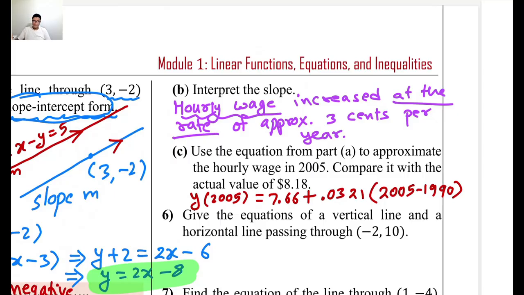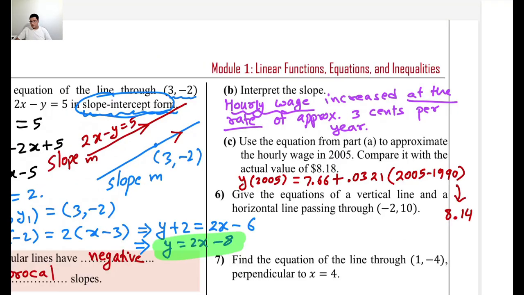Okay, and calculate that. I calculated it to be 8.14. So $8.14 per hour in 2005 predicted by this model, the actual value is 8.18. So you can say, we're quite close.